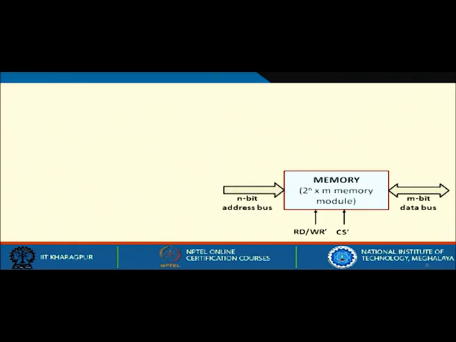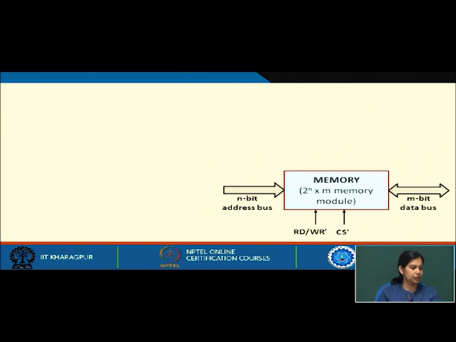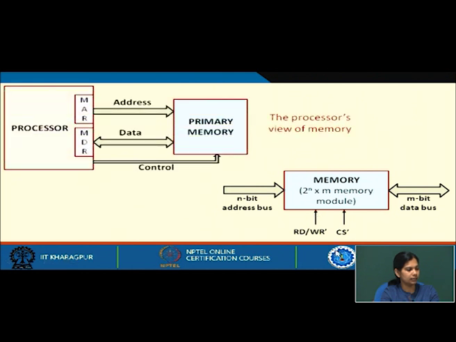As we know, for an n bit address bus, we can have 2 to the power n memory locations, and an m bit data bus. We have read, write and control signals. The memory address register and memory buffer register are connected through address and data lines to the primary memory. This is the processor's view of the memory, and of course, we have some control lines.